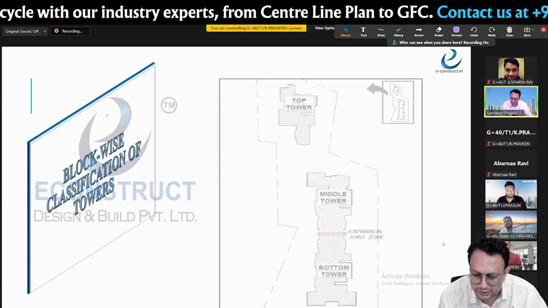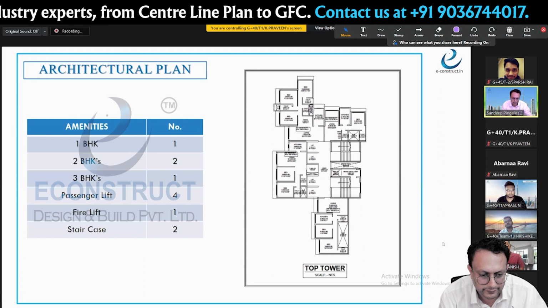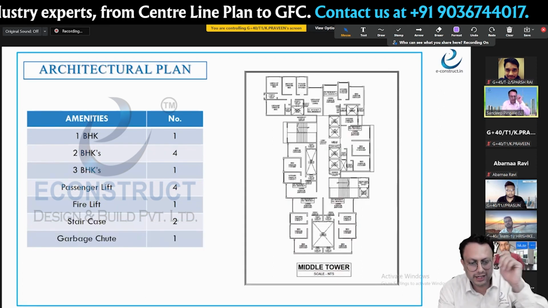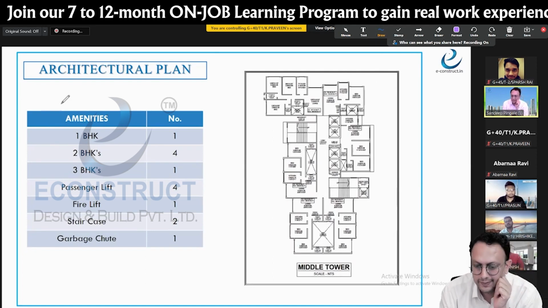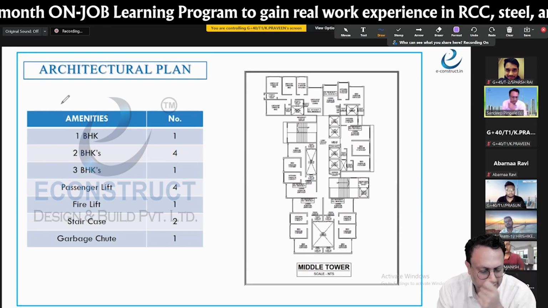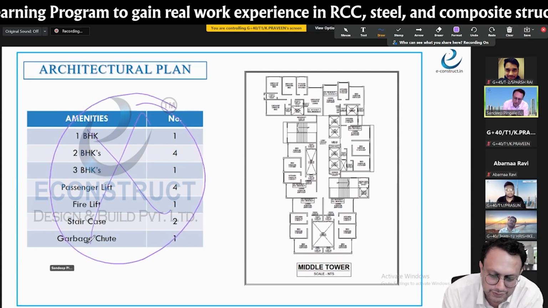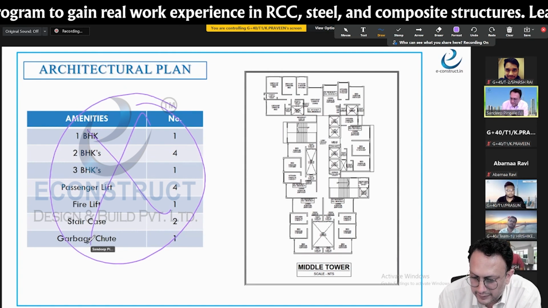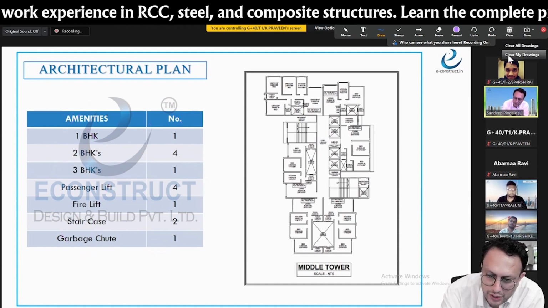So this is tower number 1. See, architectural plan and all, actually we don't need it. If you are dealing with the BIM technology, project management and all, then we require all this. But in structures, we don't need it. We require the column positioning which you have already given.